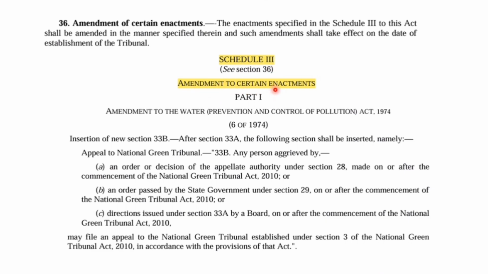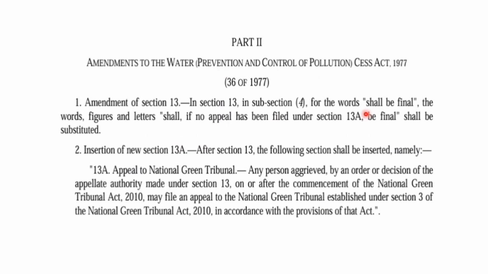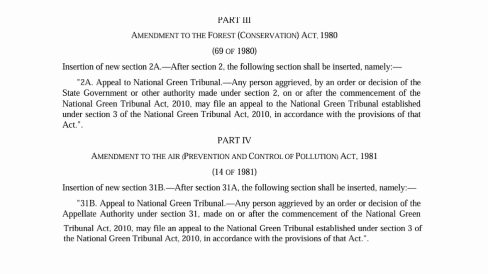It's not necessary that you read all the amendments, but remember this Schedule 3 consists of 6 parts, okay? Each part is nothing but an Act which you studied earlier in Schedule 1. Part 1 is the Water Act 1974 and the amendments made to it. Part 2 is the Water Cess Act and the amendments to it.